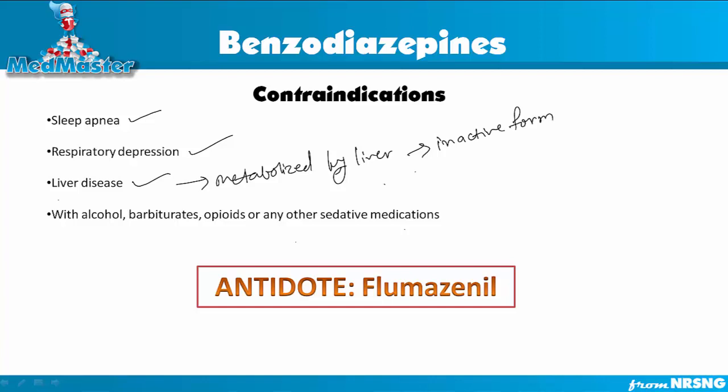Now, if someone has liver disease, this medication won't be metabolized by the liver and will not be converted into the inactive form. Then what will happen? This medication will build up to a toxic level in the body, and can cause really bad side effects like respiratory depression. They'll stop breathing, cardiac arrest, and other really serious side effects.